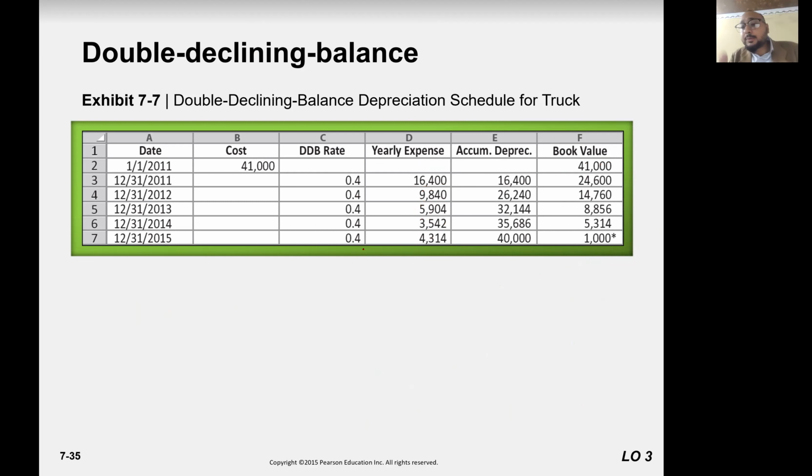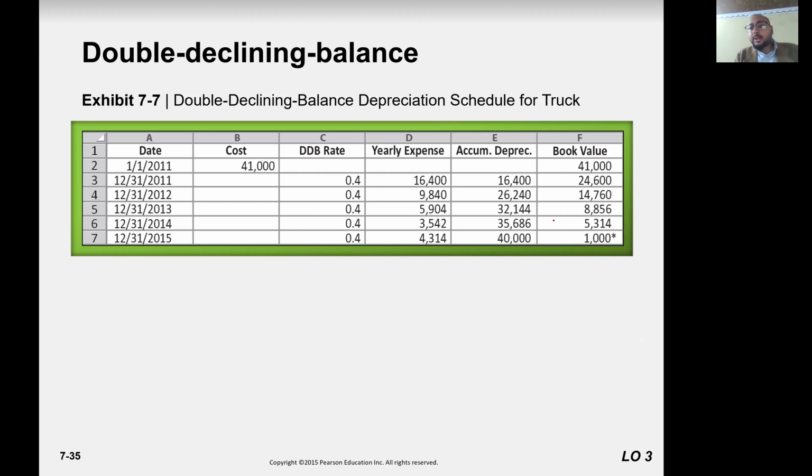And the trick is the last year depreciation must be a plug figure, because the book value can never be lower than the salvage value.